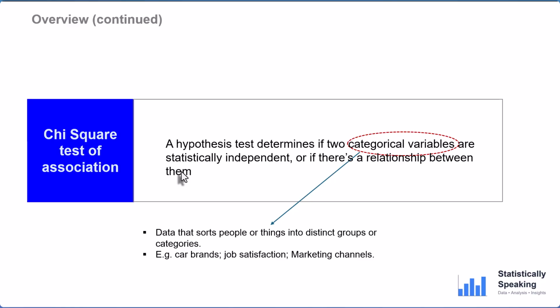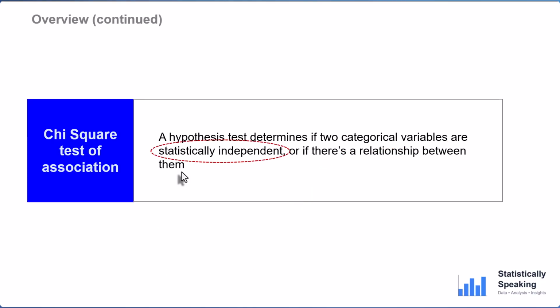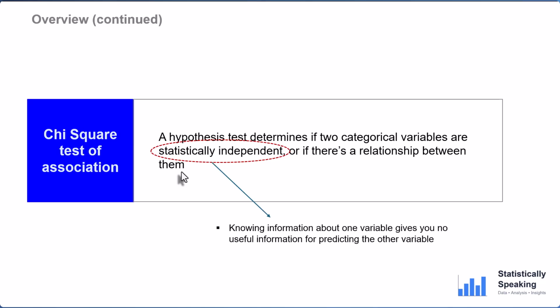Lean Six Sigma practitioners often call this count data. That's because we count how many fall into each category, but we don't really add them up. We don't calculate averages or standard deviation. The next phrase to look at is statistically independent. What does that mean? It means that knowing information about one variable will give you no useful information about predicting the other variable.